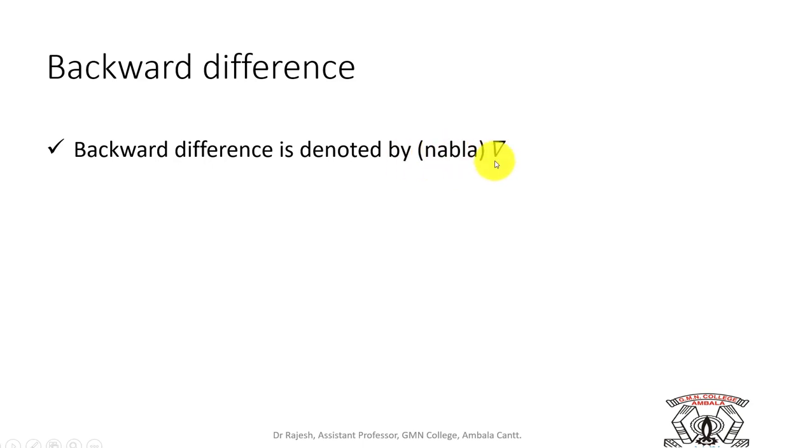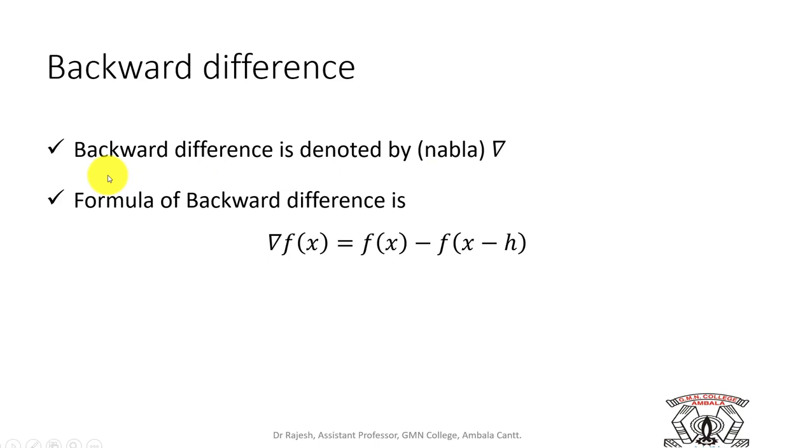So this symbol is known as nabla, and the formula for backward difference is given by, this is also called del. You may also call it del. So in future if I say del f of x, it obviously means the symbol nabla.